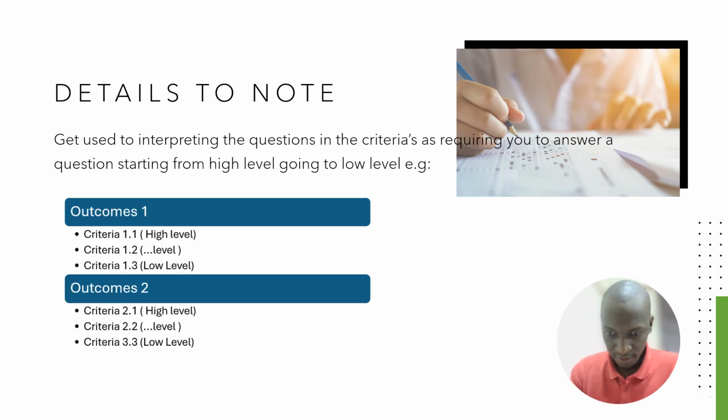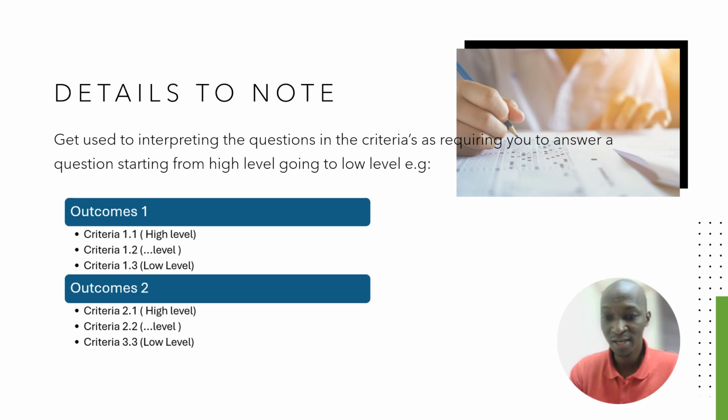So the details that I want you to note here, I'm just giving you other types of details that you may want to understand. For example, looking at outcomes number 1 and criteria 1.1 to criteria 1.3, I'm saying to you, the first criteria is always going to be high level, and then we move to the last criteria, which is always going to be the low level.